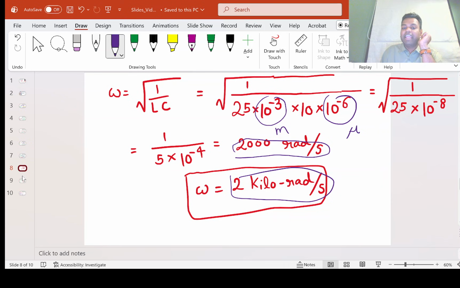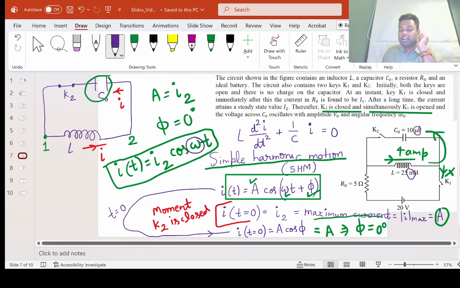And what it means is that in this circuit the current is fluctuating. The maximum current is 4 ampere and it fluctuates like this: 4 ampere, then it becomes 0, then it starts flowing in the opposite direction, and it goes like this. And the angular frequency is 2000 radian per second.